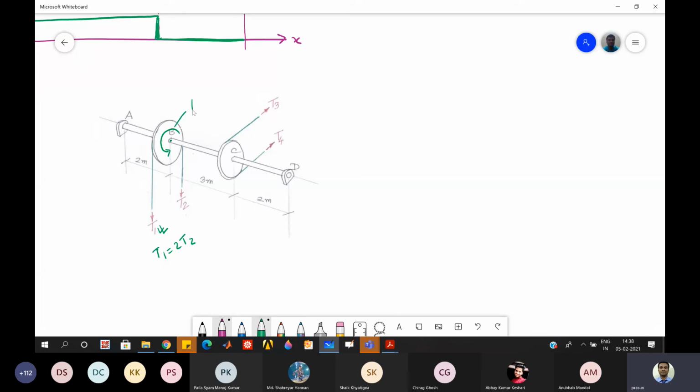Let us say this is point B. So TB is equal to T1 minus T2 times R. Since T1 is 2T2, it becomes T2 times R. And T1 is given as 12.